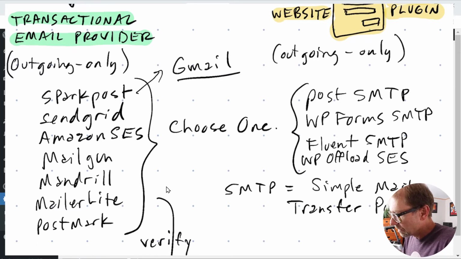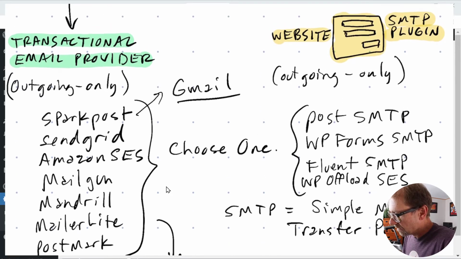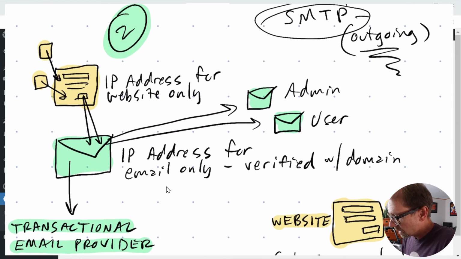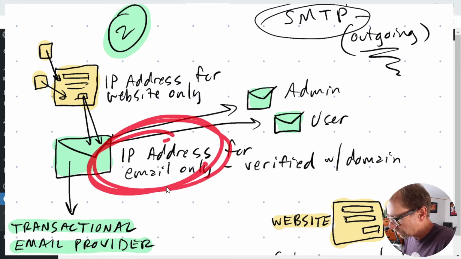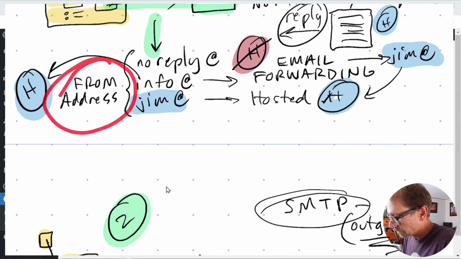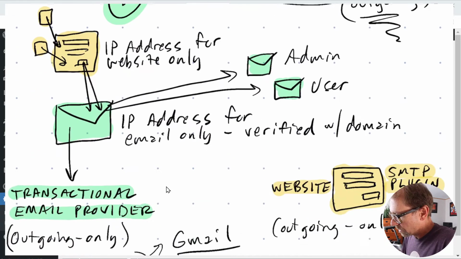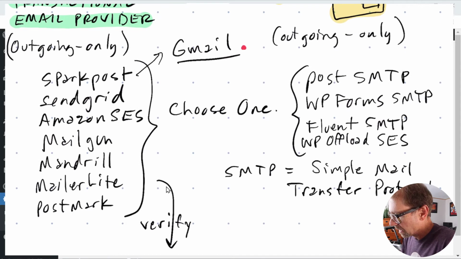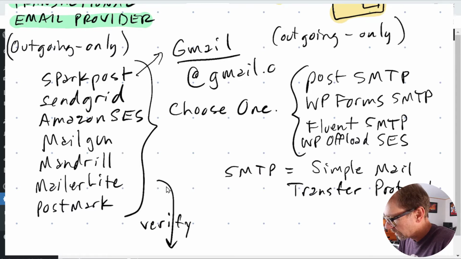But if you use Gmail as your transactional email provider, you are getting the advantage of using a separate IP address for sending email. But remember, I talked about using the from address here. When you're using Gmail as your transactional email provider, you aren't able to use an email address from your own domain name, but instead you have to use an email at gmail.com.